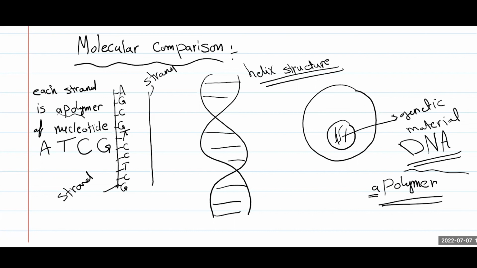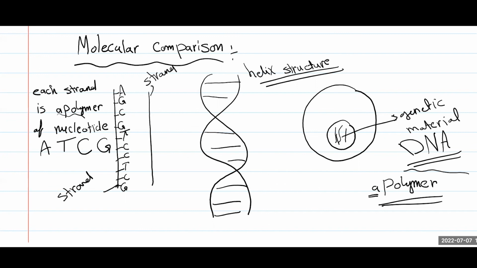What is the difference between our DNA and their DNA? Only the sequence of these bases. That's it. Only the sequence of these bases will make the difference between us and them, between even a species of fish and another species of fish.